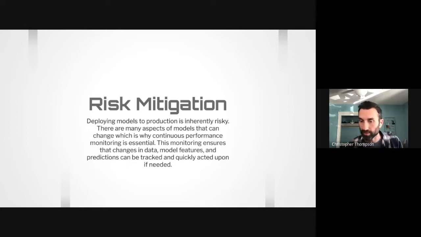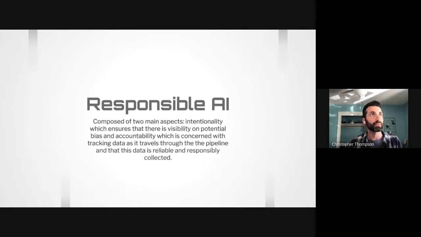Once you train a model, it's a static graph or a static model, right? And so it doesn't change with the world. So if the world changes, that means we need our model changing with that world, or that state of the world, and keeping in sync with that. So this is where monitoring comes in. So we need to monitor our models to make sure that they are in fact keeping pace with the rate of change in the world.